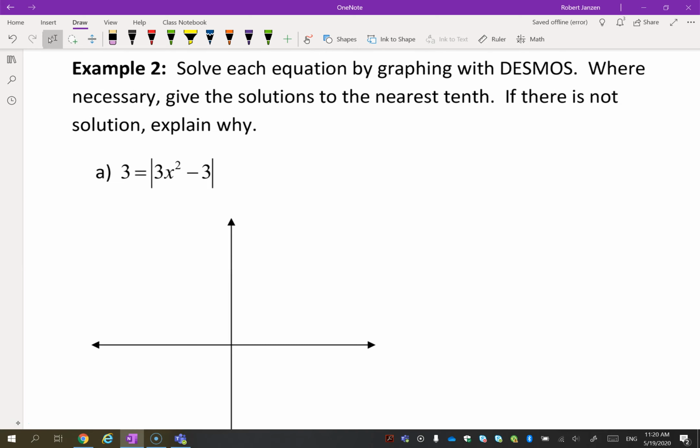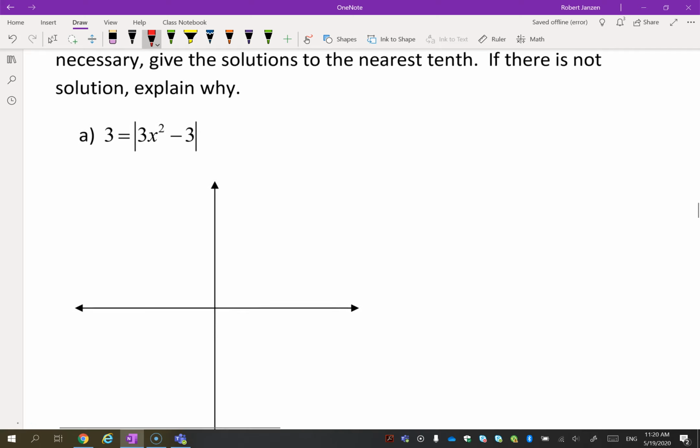This one says solve each equation by graphing with Desmos. So we're going to get out Desmos, if you need it. It says where necessary, give the solutions to the nearest tenth. If there's not a solution, explain why. So what I want to do is try first to graph without Desmos. I have y equals 3, and I have y equals the absolute value of 3x squared minus 3.